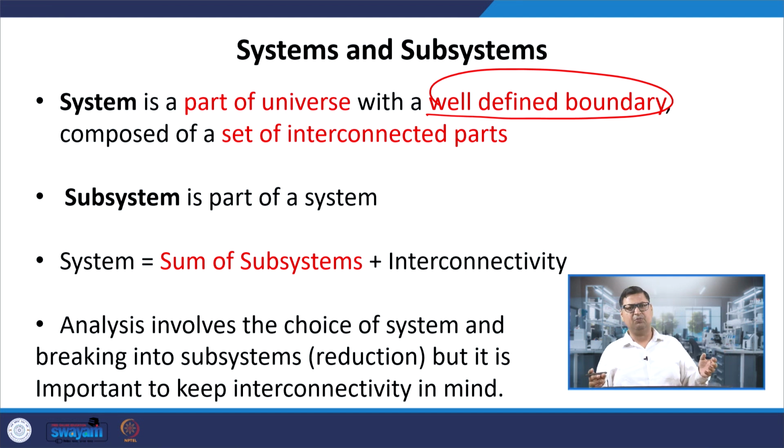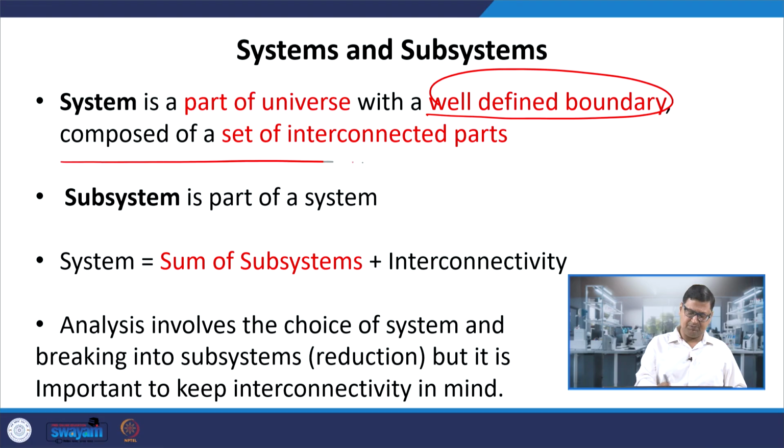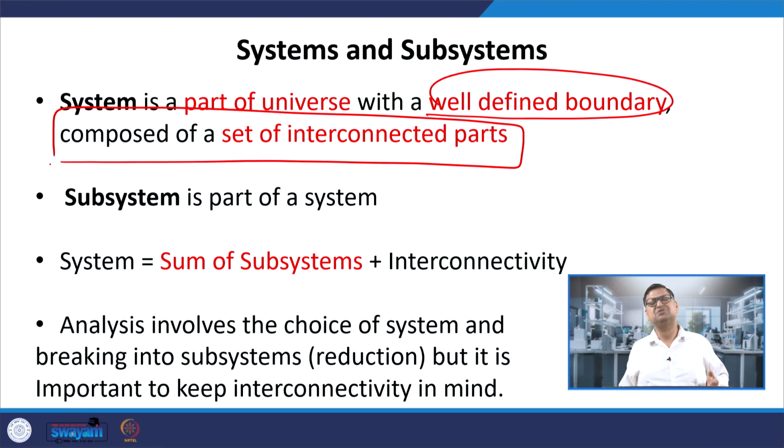It can be a closed system or an open system, it can have a movable boundary or a fixed boundary. All of these are possible, but it has to have a defined boundary. And finally, it is typically composed of a set of parts which I refer to as subsystems. The system is composed of smaller subsystems which are basically parts of the system, right.